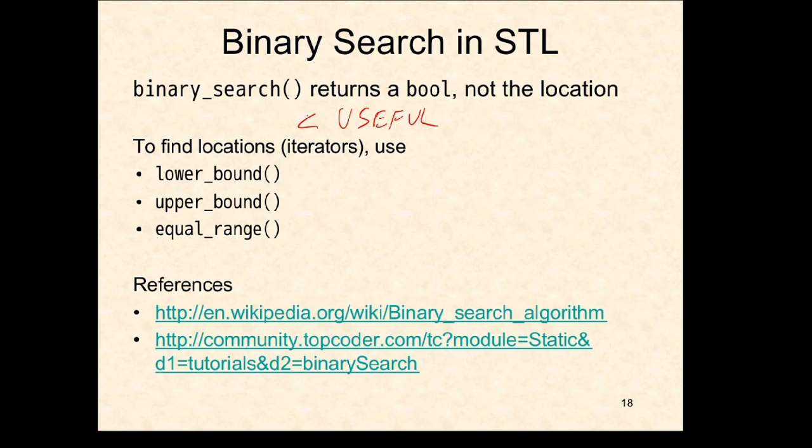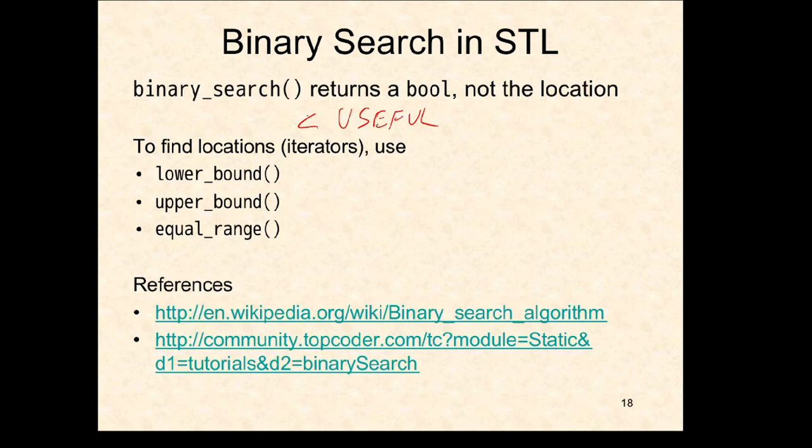The lower bound is basically equivalent to what we just wrote, except it's written by the STL people and it uses iterators and it's more confusing to read. But it basically does the same thing. It uses a left that's inclusive, a right that's exclusive. It finds the place where it is or where it would be.